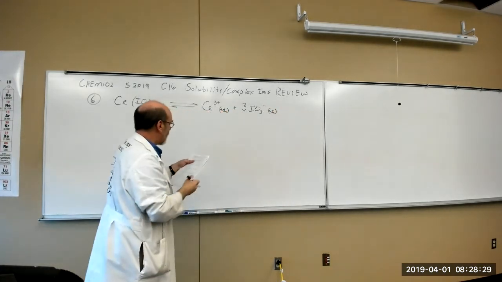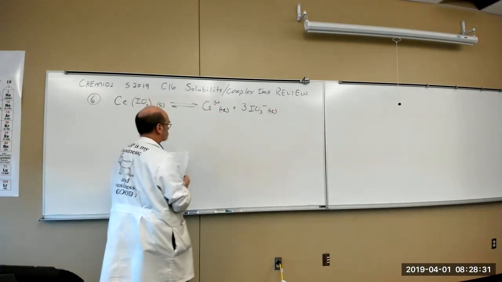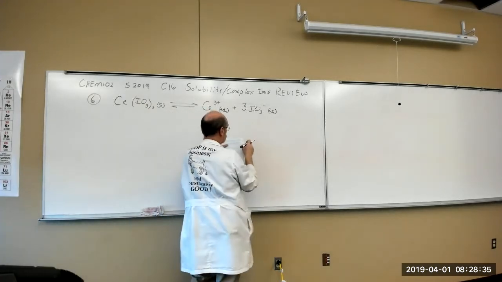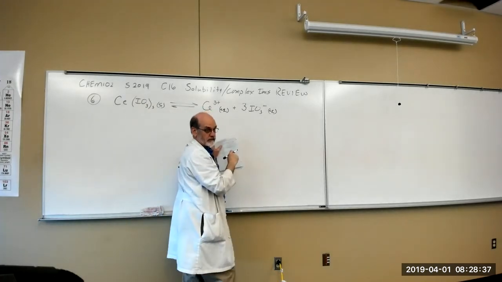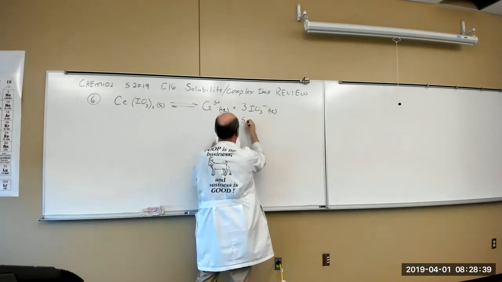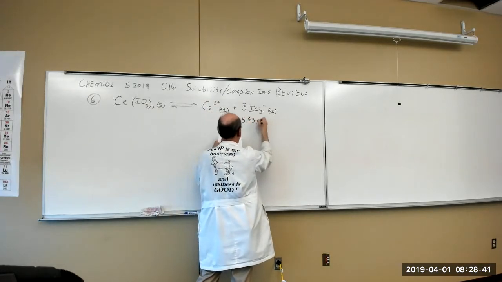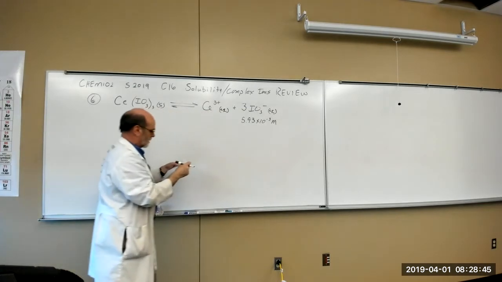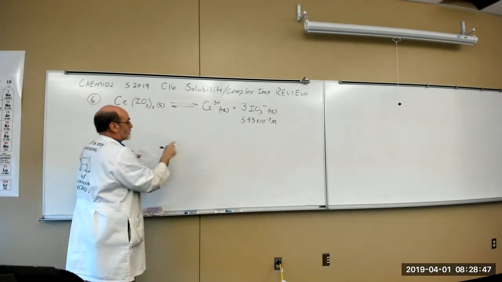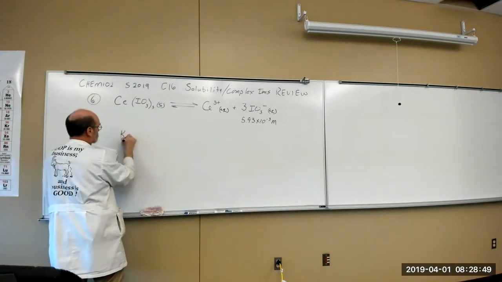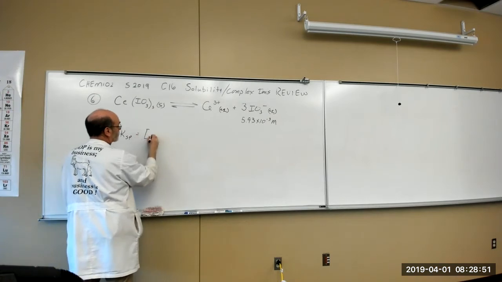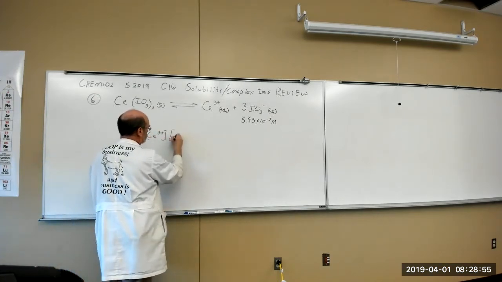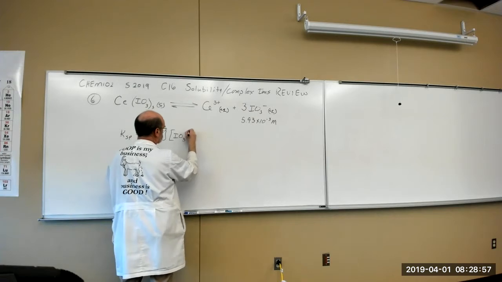All right, the iodate concentration. This concentration is given, so you don't have to multiply it by 3. Okay. But in order to do the KSP, you need this expression.